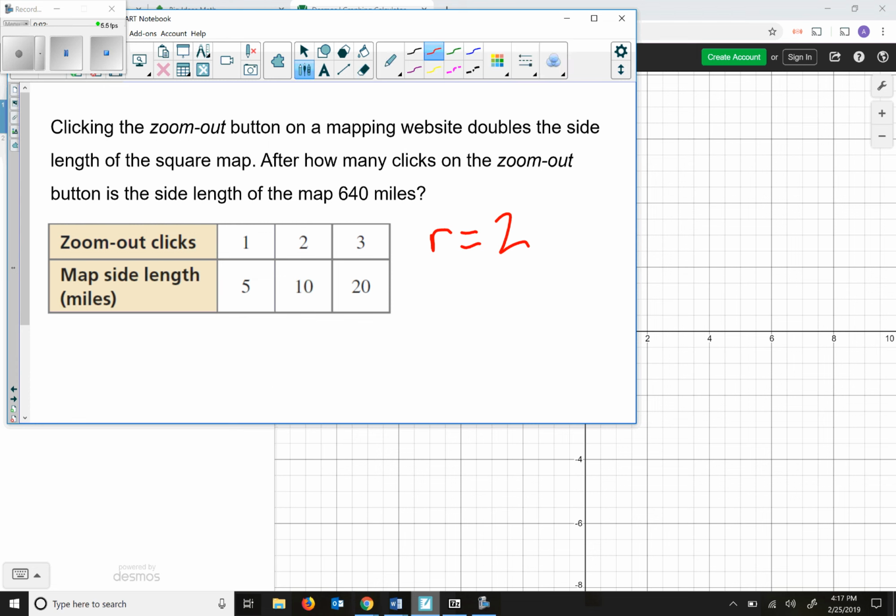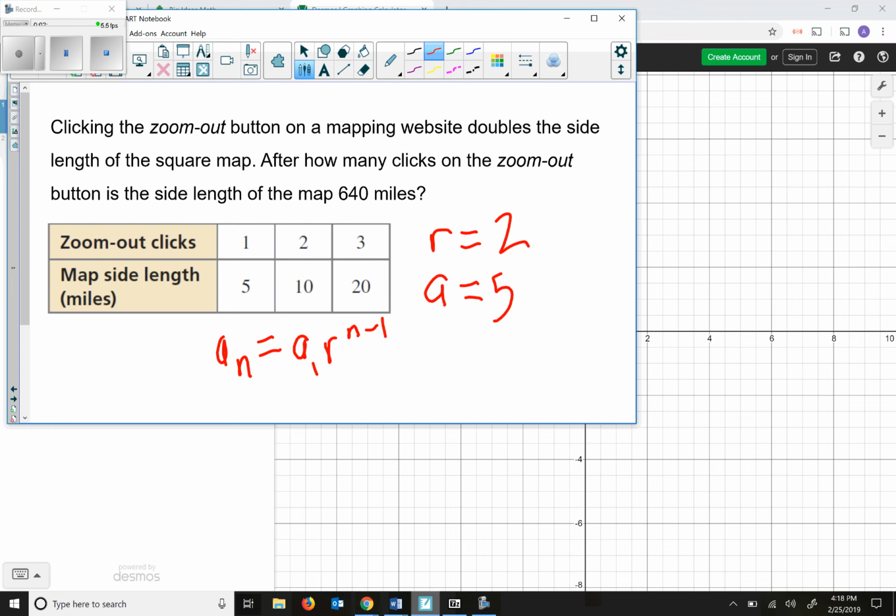Remember that our formula that we worked with was a sub n equals a sub 1 times r raised to the n minus 1. So a sub 1 was our first term. And if I look at this example, our first term is 5.